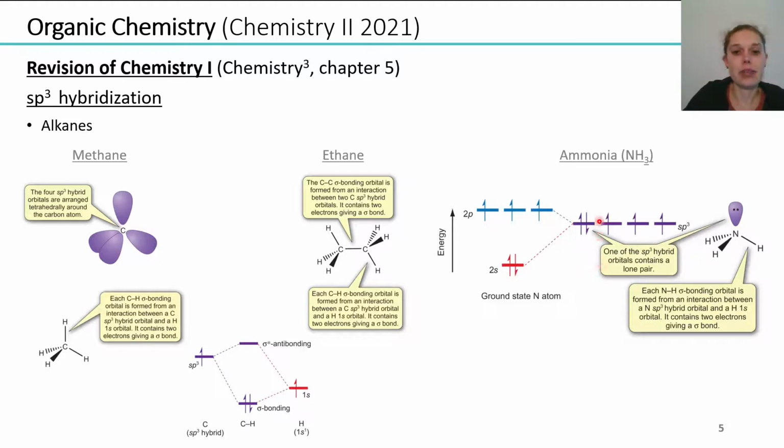You can see this completely filled hybrid orbital, which means we have 2 electrons inside, and this is then the lone pair of the nitrogen. The other 3 sp3 hybrid orbitals can still interact with the hydrogen 1s orbital to form the nitrogen-hydrogen sigma bond.